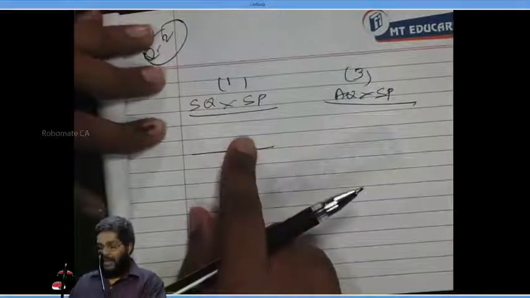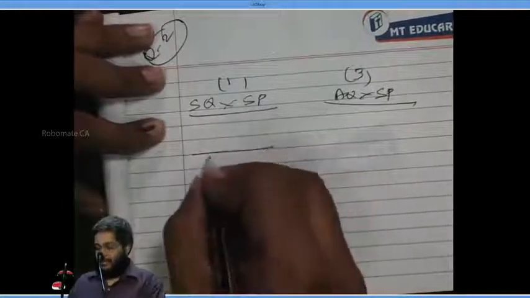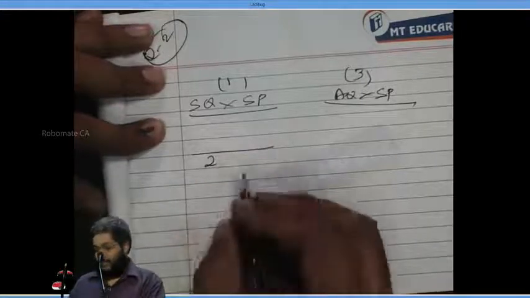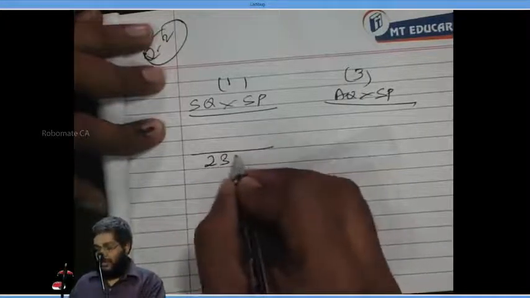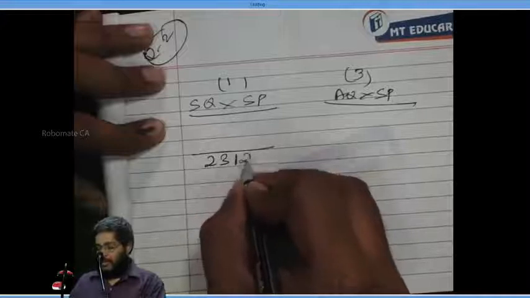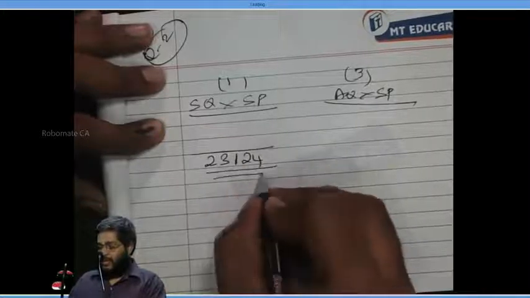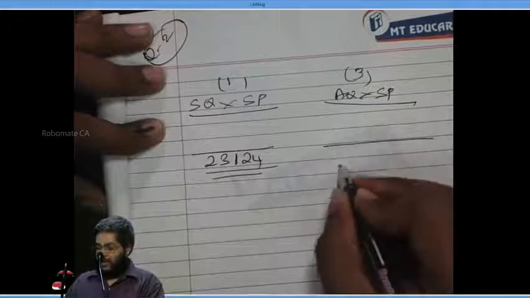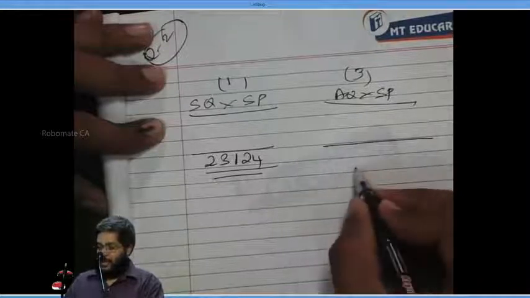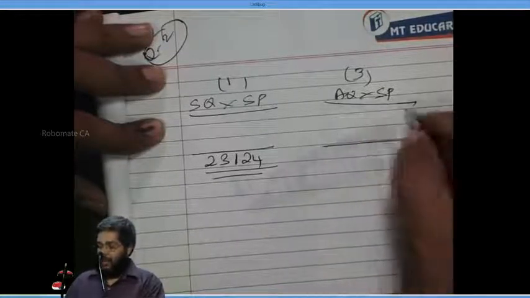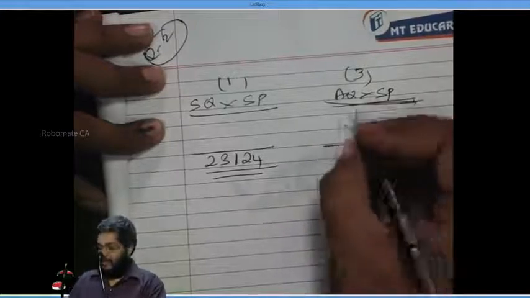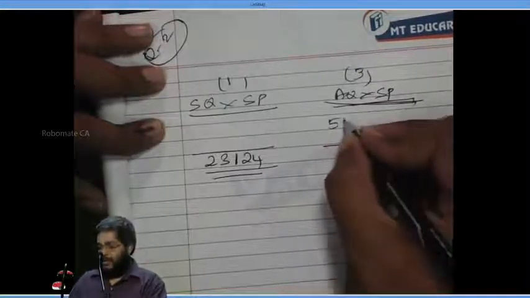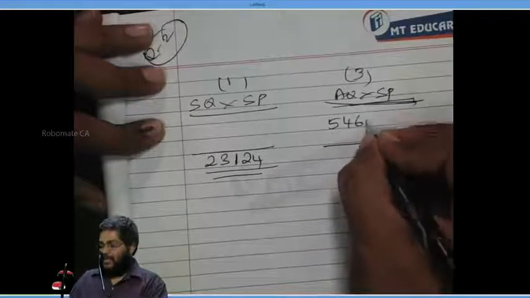Tell me what is the total standard cost given? 23,124 is the column 1. And they have also given you the actual quantity: 5,460 kgs.